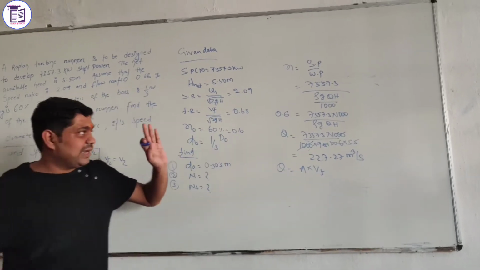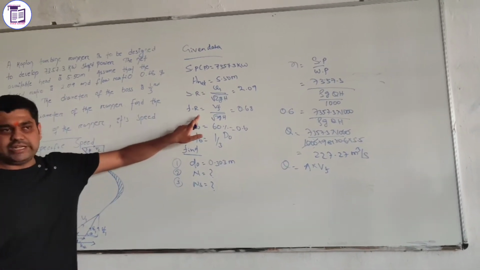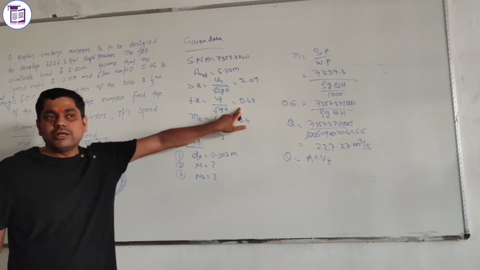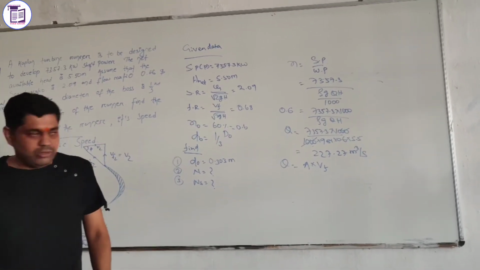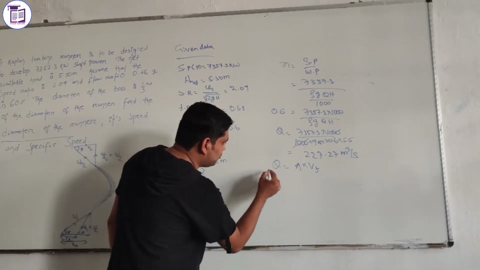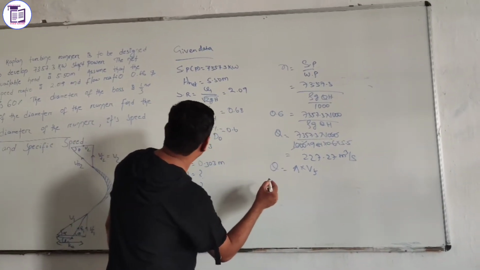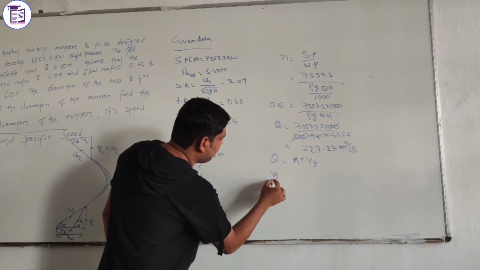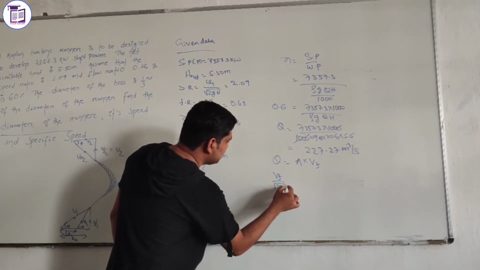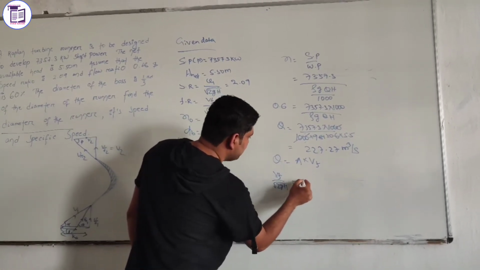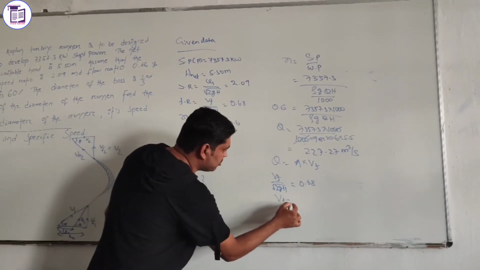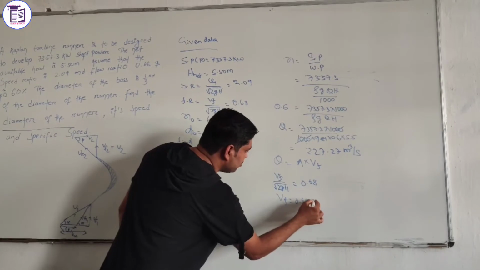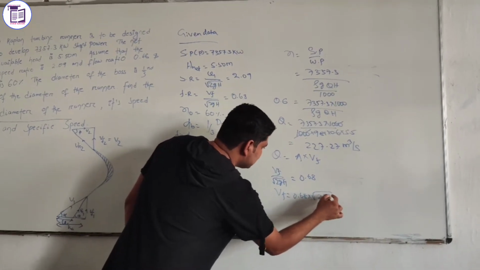But in your given data, there is a given flow ratio, that is Vf by root 2gh is equal to 0.68. Using this relation, we can find the Vf value. Vf by root 2gh is equal to 0.68, and now Vf is equal to 0.68 into root 2gh.